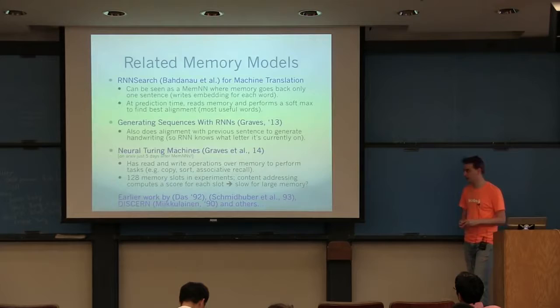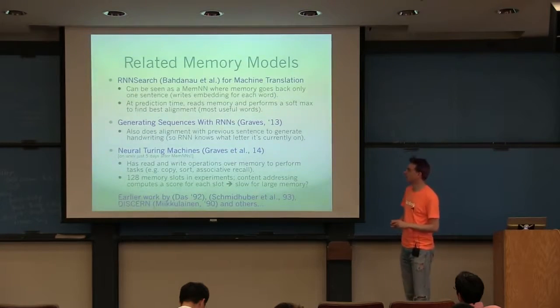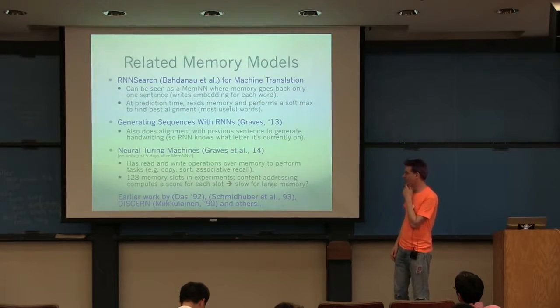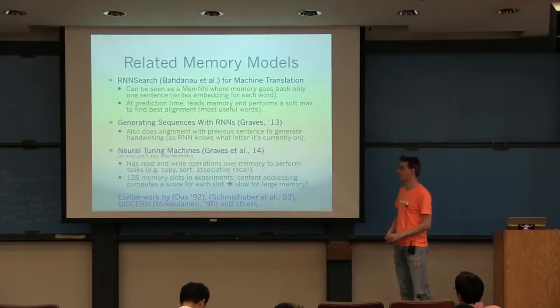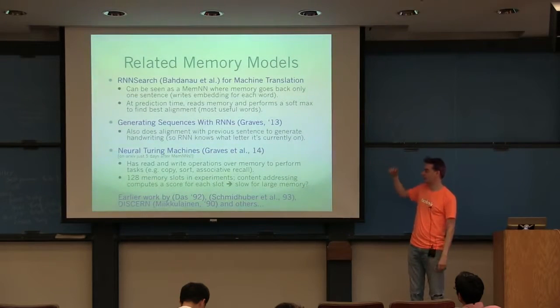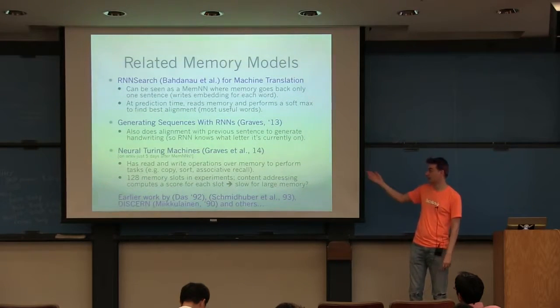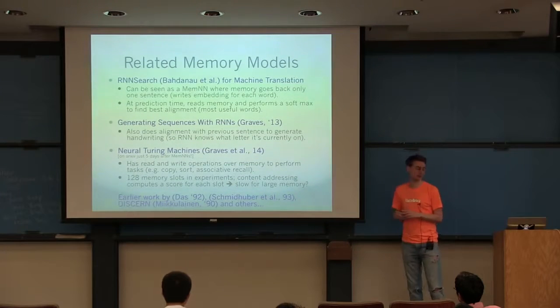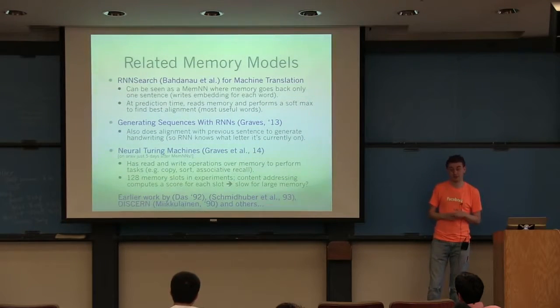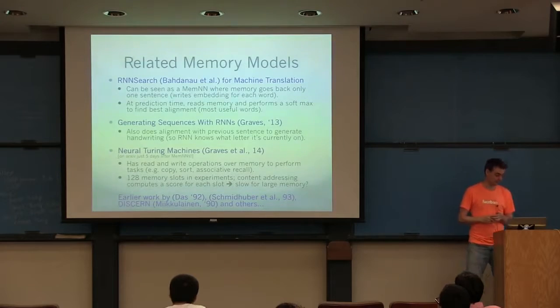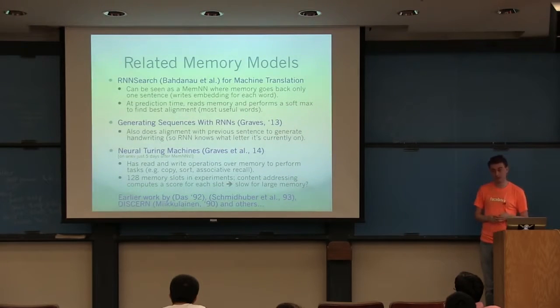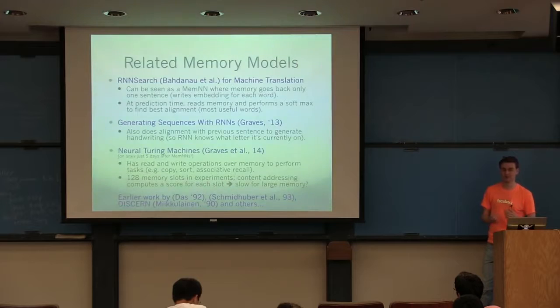There's also been other work by Alex Graves for generating sequences that also does attention, particularly from the DeepMind group. Recently, there's a neural Turing machine model which is similar in spirit to the ones I'm going to describe in that it uses memory, but the actual experiments they do are totally different.